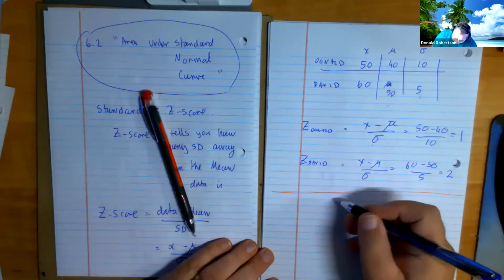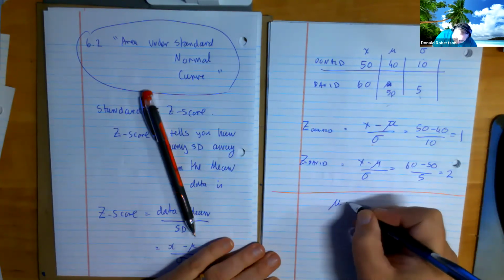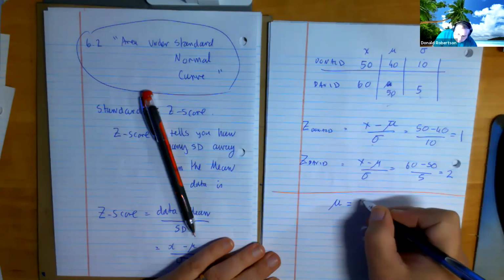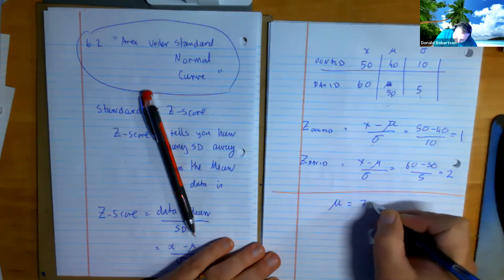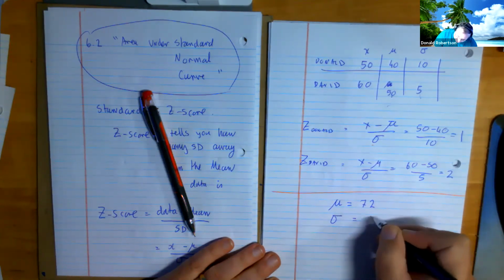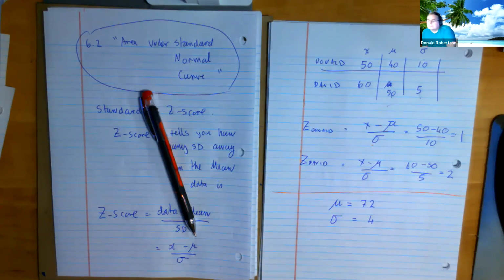Suppose we had a basketball team and the average height was 72 and the standard deviation was 4 inches. And a new player is coming to join their team. And we're wondering whether he's an outlier.